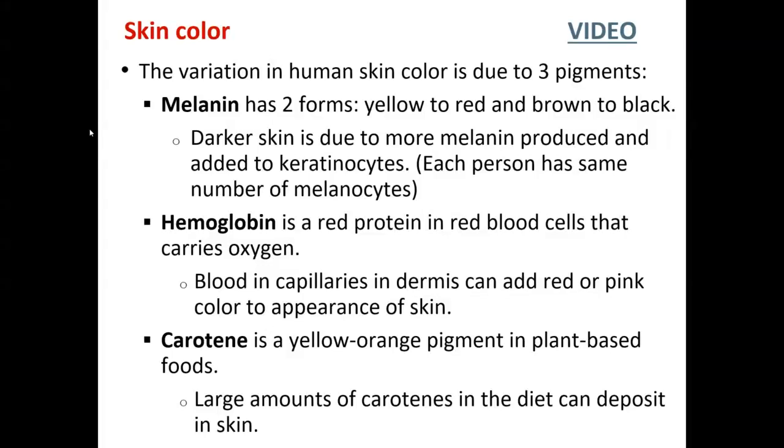Especially, what's that condition? People whose cheeks are rosacea, right? Their cheeks get very red because of that.